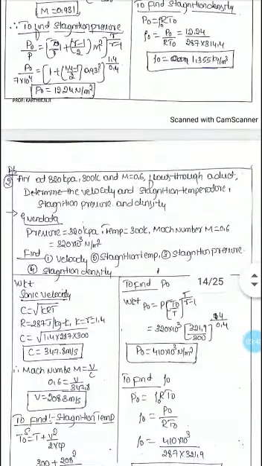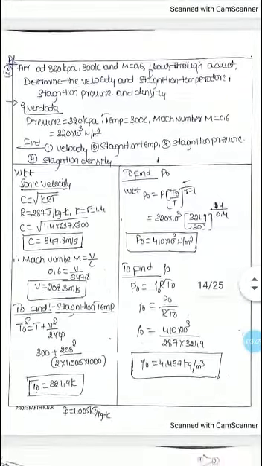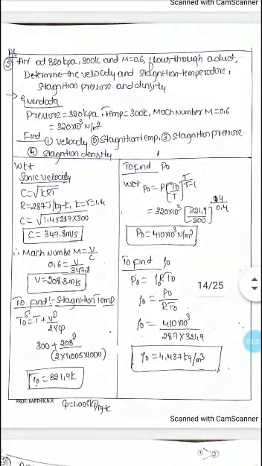You will see the next problem is: air at 320 kilopascal, 300 Kelvin, and Mach number 0.6 flows through a duct. Determine the velocity and stagnation temperature, stagnation pressure and density.